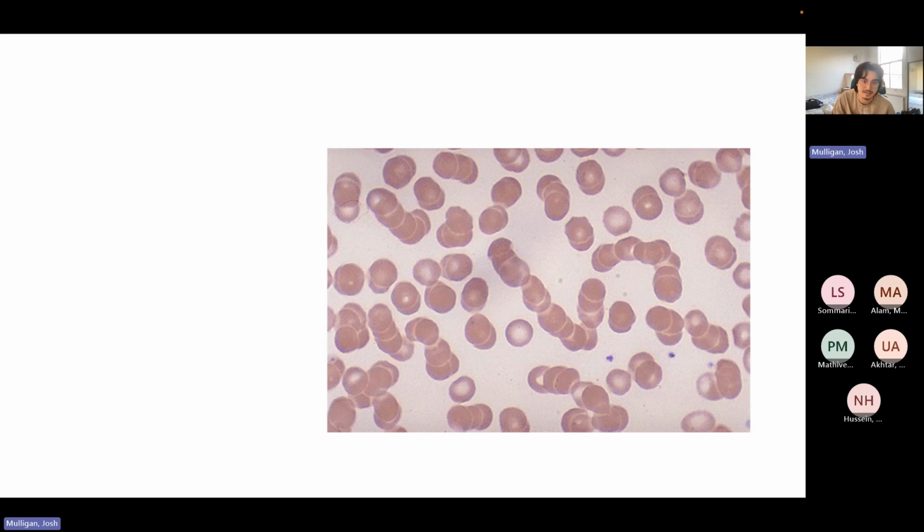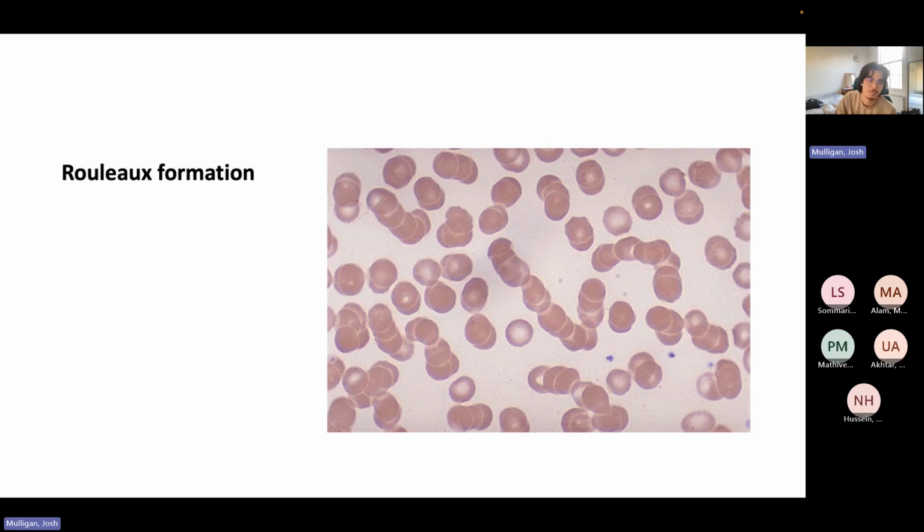So that's what it is. As you rightly said, it's common in myeloma. Do you know why the red cells look like this? No, I'm not sure why. That's all right.